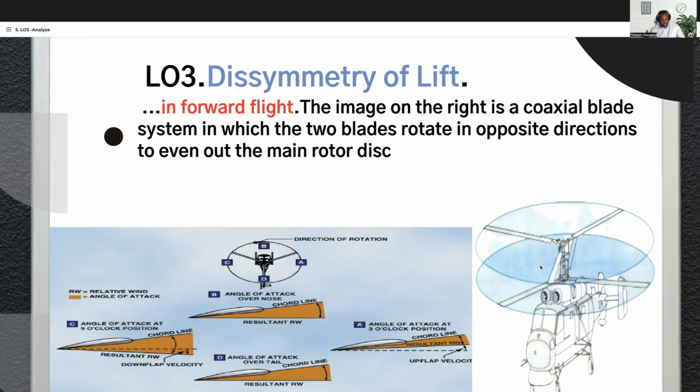So in order to even out the amount of lift produced, we have two rotors, one rotating in a clockwise direction while the other one is rotating in a counterclockwise direction. This helps us cancel out that dissymmetry of lift, because otherwise we would have a tendency for the helicopter to roll in the direction of less lift.